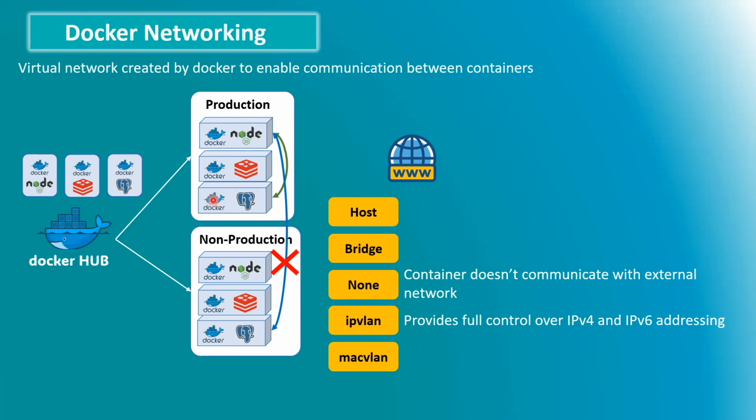Using the network interface, you can gain full control over IPv4 and IPv6 addressing of your container. On the other hand, if you want to assign a dedicated MAC address, then you can use MAC VLAN. So IP VLAN provides full control over IPv4 and IPv6 address, whereas MAC VLAN provides a dedicated MAC address.